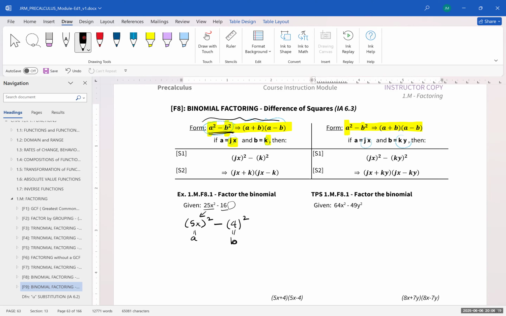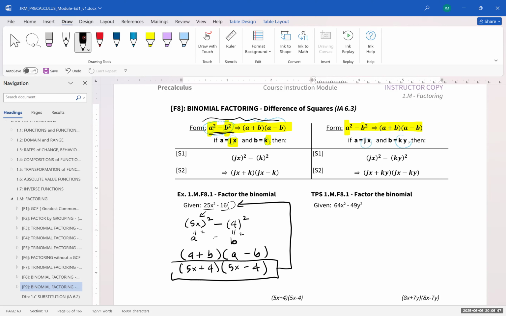Regardless, now we have this in the a squared minus b squared form, which means this will factor to a plus b times a minus b. And a is 5x plus b, which is 4, times 5x minus 4. This is the factored version of that.